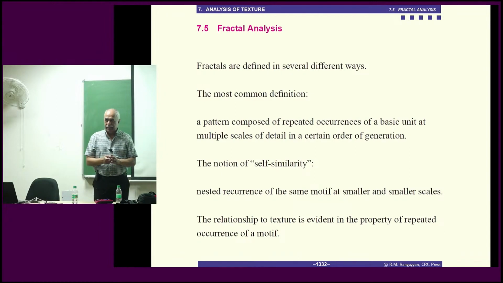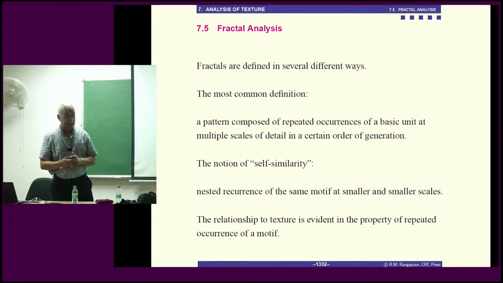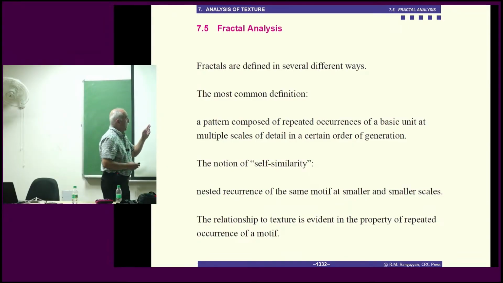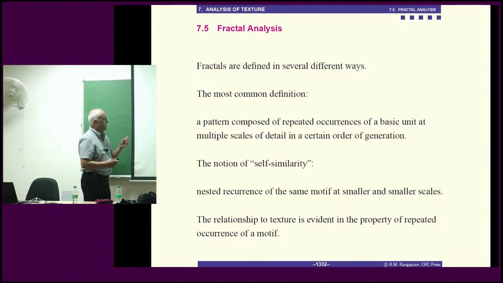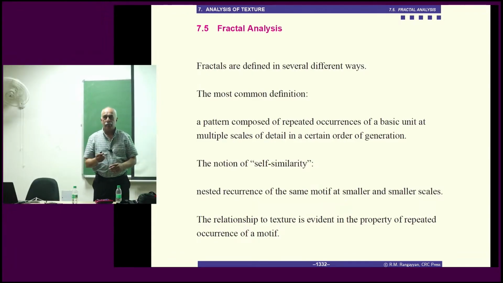Fractals can also represent texture. There are many methods of generation of fractals. The most common definition is a pattern composed of repeated occurrences of a basic unit at multiple scales and in a certain order of generation or placement. This is known as self-similarity.